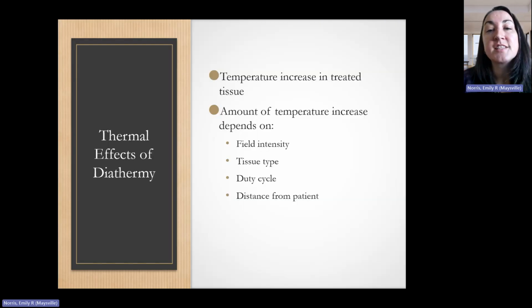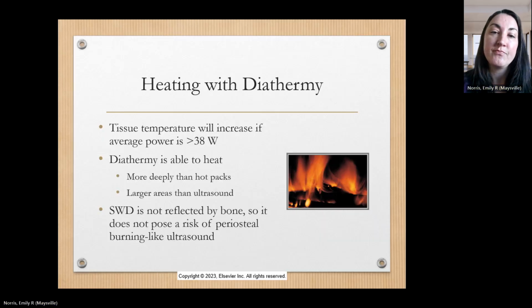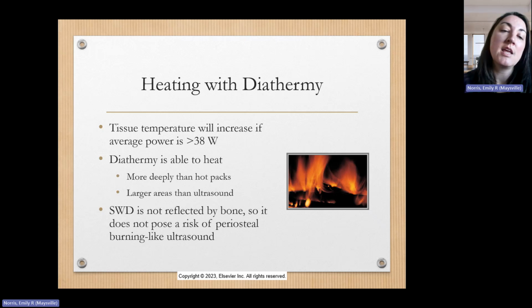All right, the thermal effects. So it increases the temperature in the treated areas. The amount of temperature increase depends on the intensity, the tissue type, the duty cycle, and the distance that the diathermy machine is from the patient's tissue that you are heating. The tissue temperature will increase if the average power of the diathermy machine is greater than 38 watts.